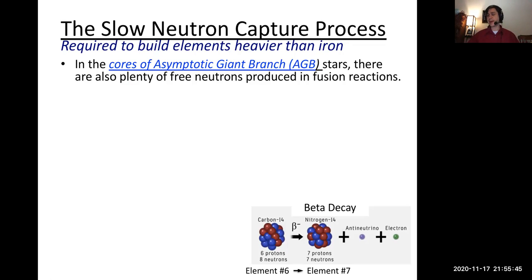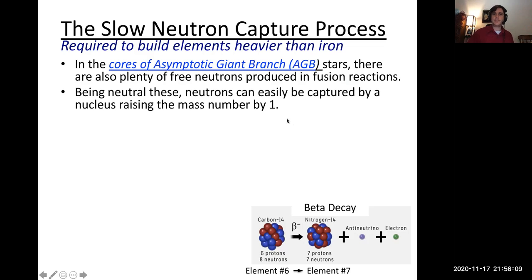So we are producing a large number of neutrons in the cores of asymptotic giant branch stars, and those neutrons are then free to go out and interact with all the other atoms of that star. Particularly, we want to talk about where they're going to be interacting with in the envelope, in the outer parts of the expanding shells of the stars.